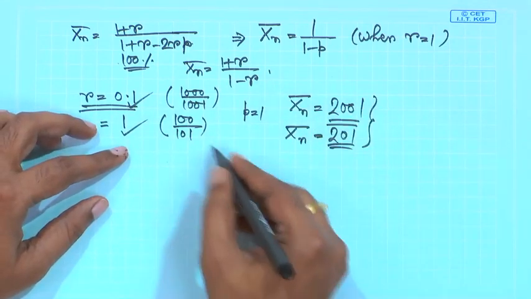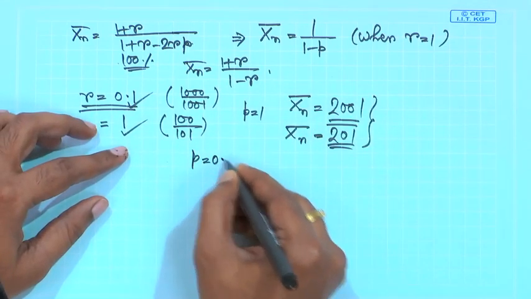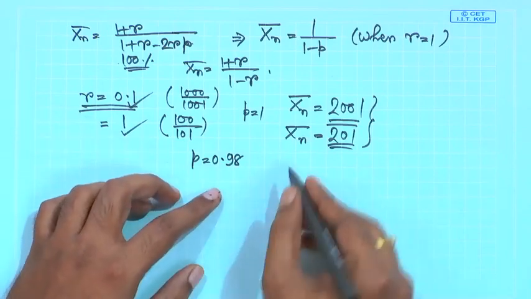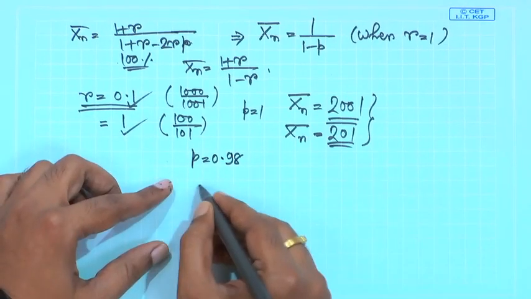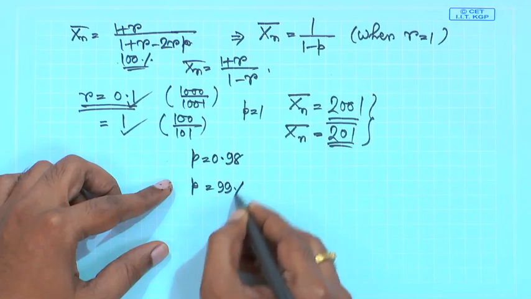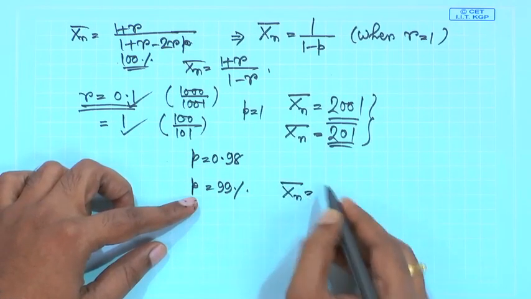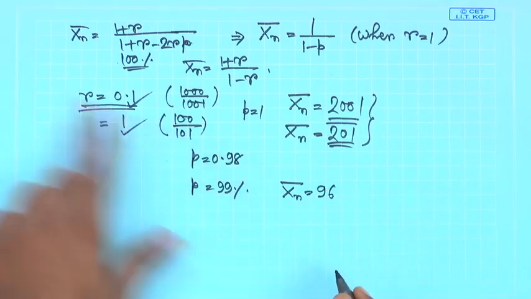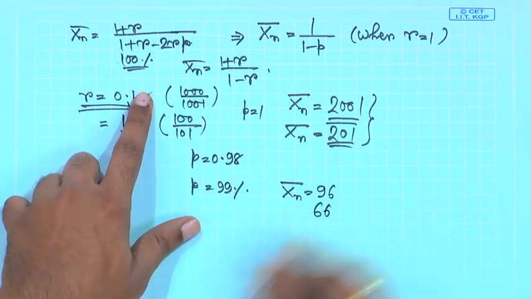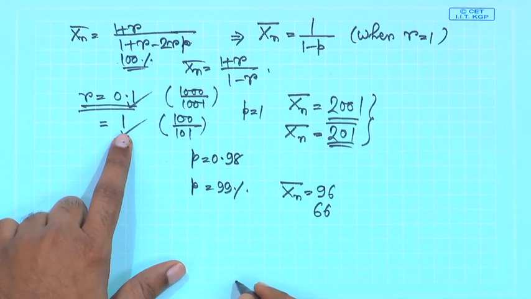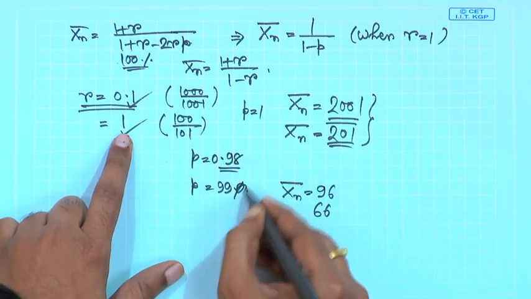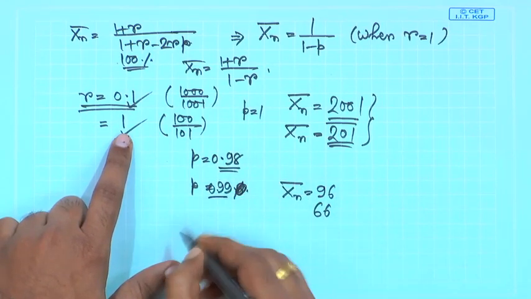Now, what happens if you have, say, 99% reaction? Then your Xn bar will be 96 for the 0.1 percent imbalance and 66 for the 1 percent imbalance. When you have 99% reaction, p is actually 0.99, it is the fraction.